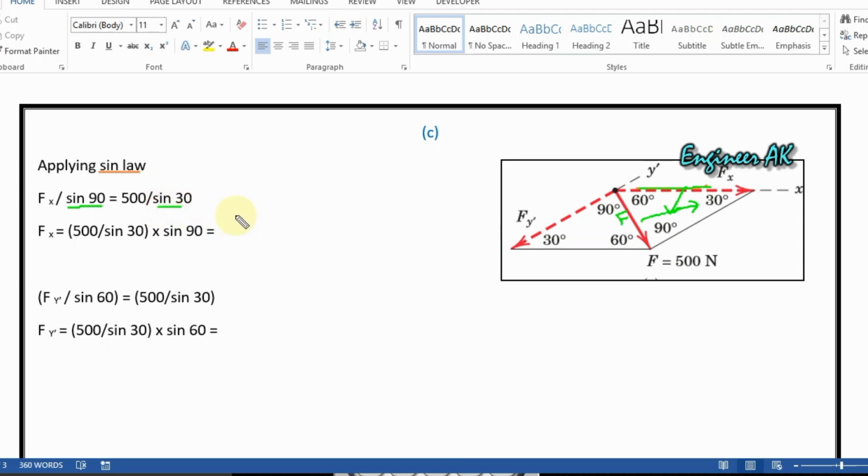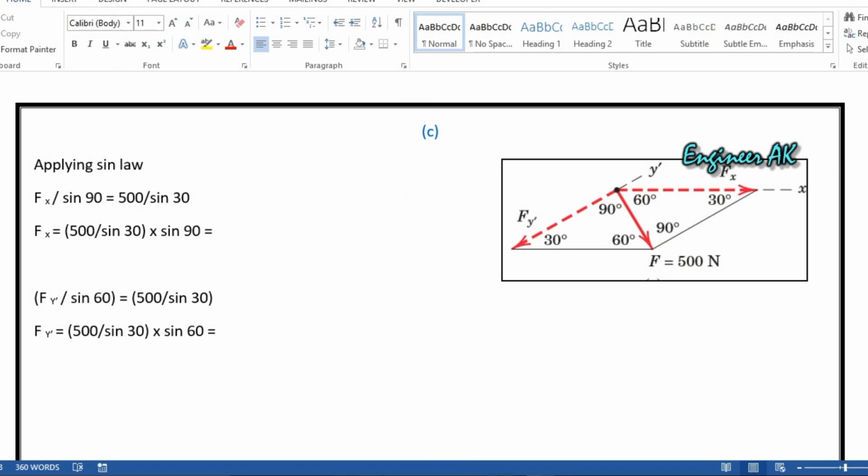So I have just written it here. And if I talk about this one, F of y dash, in front of it it is 60 degrees, so I have written F of y dash over sine 60 degrees. And similarly this is F, and in front of it it is 30 degrees, so here I have written 500 divided by sine 30 degrees, right?